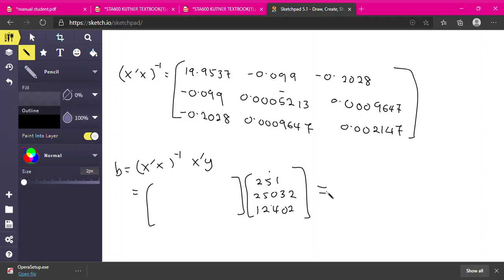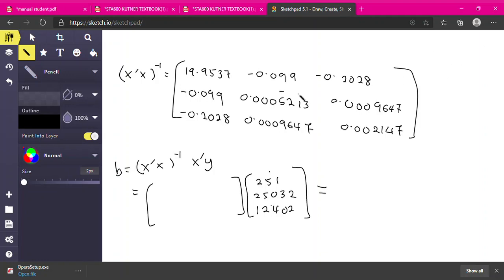Right, equal, then enter 251 equal, 25032, 12402. So now we have entered matrix B. To multiply these two, you can either enter this as another matrix C, or directly take matrix A inverse multiply matrix B.